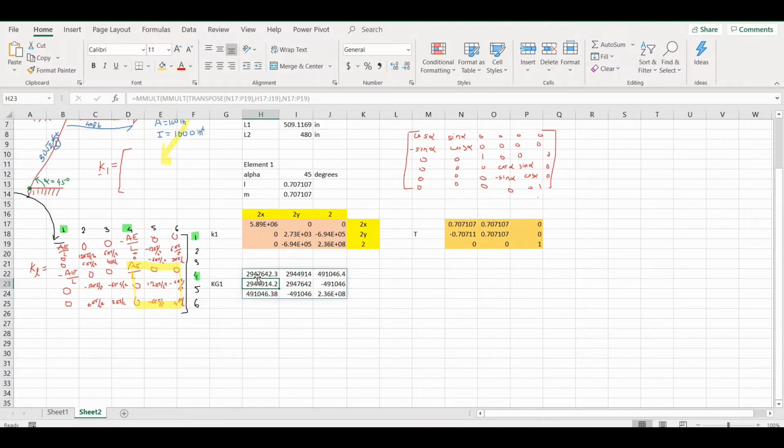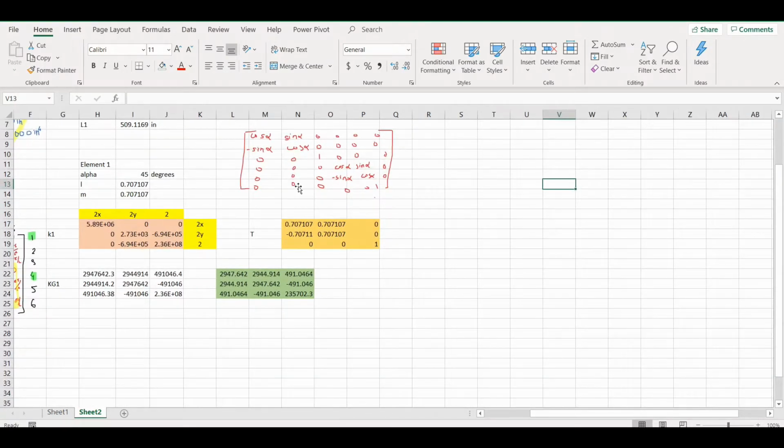Now what you can do is divide this by 1000, so to obtain the value in kips. There you go. Now this is our global matrix for that element.